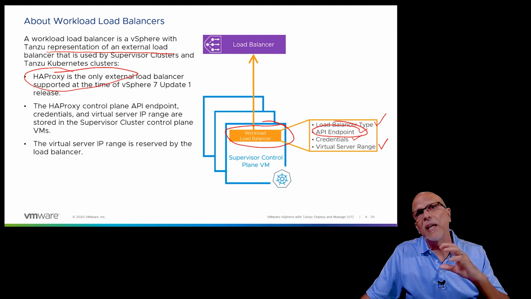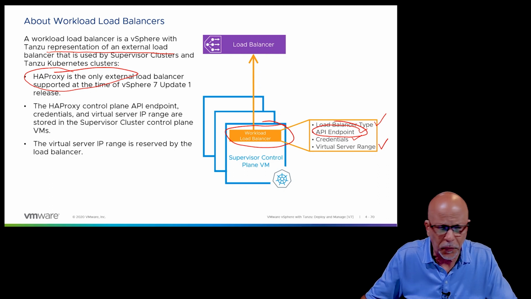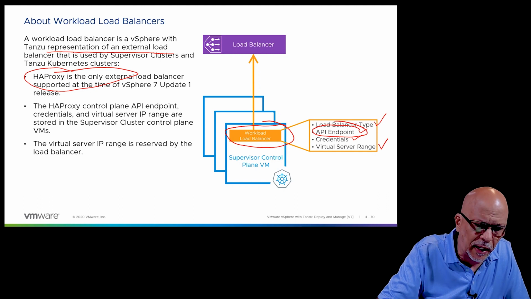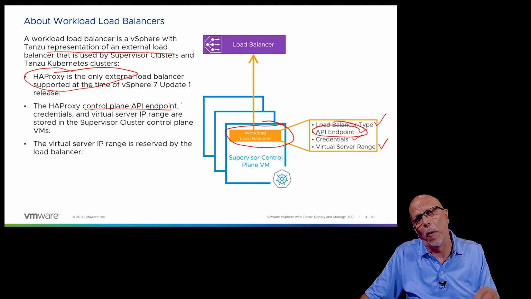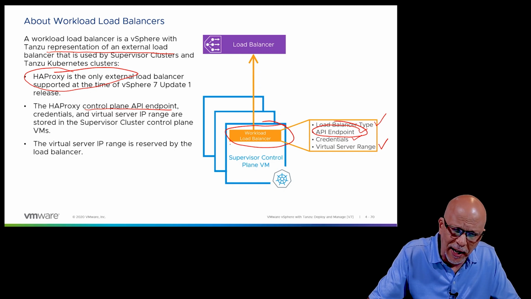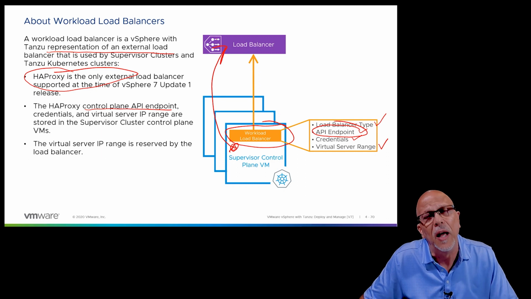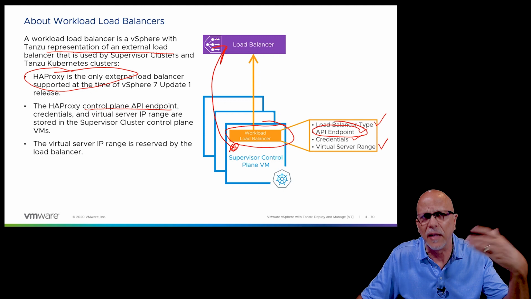Now, we're going to give you the OVA that you would use to deploy with it, and it's covered underneath your license fee. That HA proxy VM that you're setting up does have a control plane API endpoint that the supervisor control plane VMs are going to be able to talk to, to say, I need to instantiate another load balancer, or I need to do something.